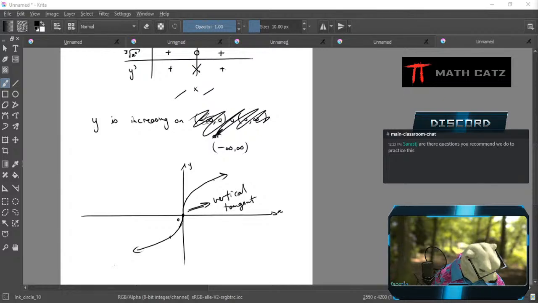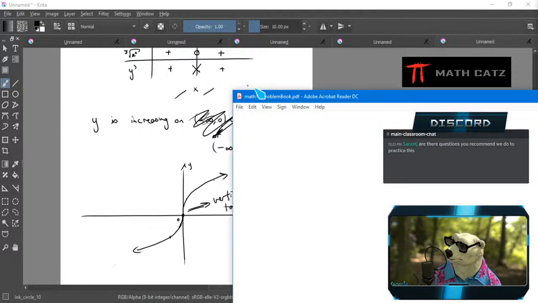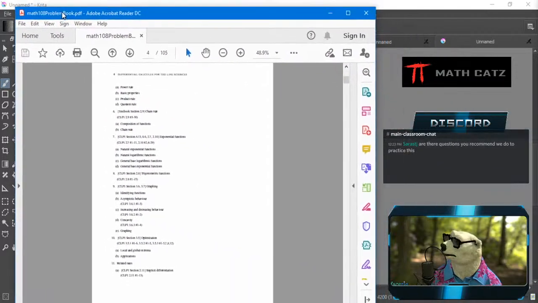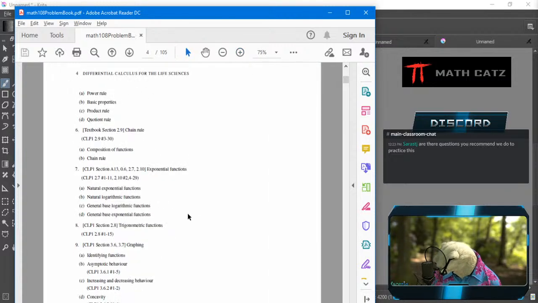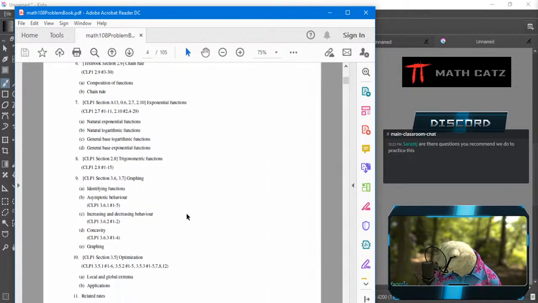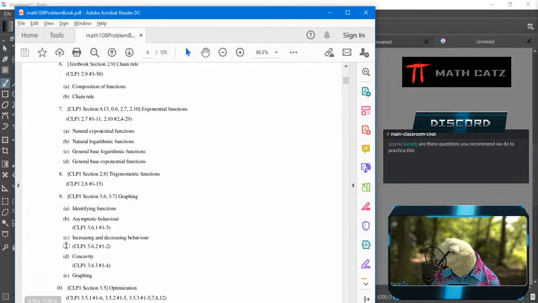I don't have it open. Where are we? We're way down here, right? I know it's not very clear. Well, we haven't done 9C. We haven't finished it. We need more examples.